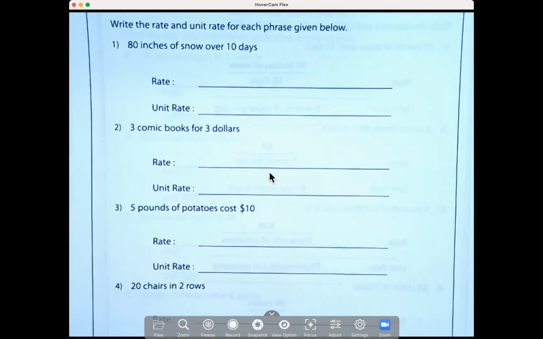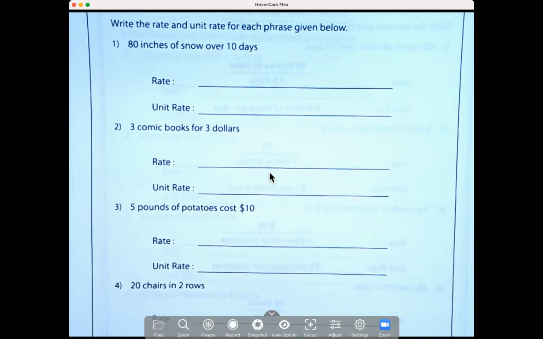Whereas on Amazon, when you're buying one or two items, it might cost a certain amount, but as you buy more, they start to give you a discount. Because the price is changing per item, that would not be a constant relationship, so it wouldn't have a constant of proportionality.